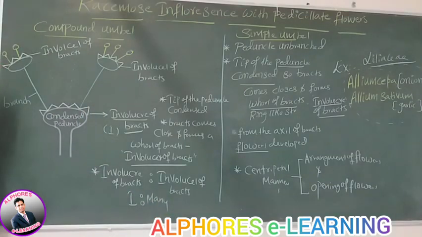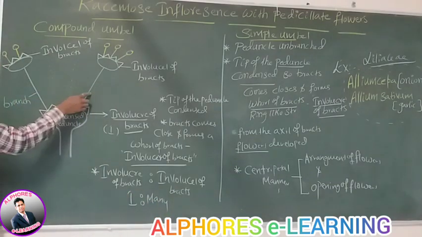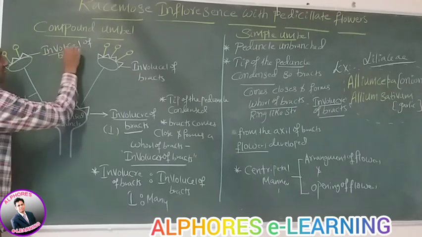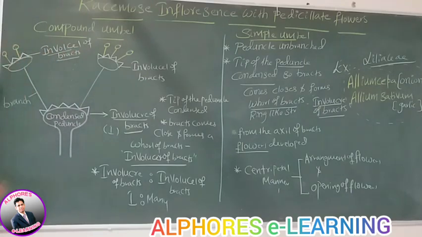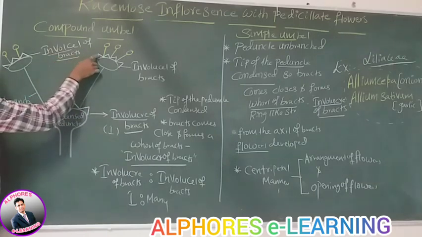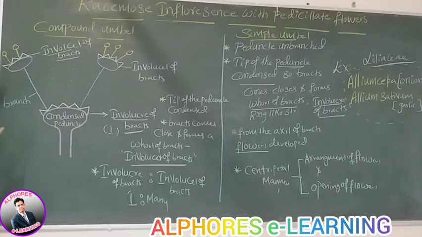Now see this diagram. In this diagram, I drew 2 branches. Each branch has 1 involucre of bracts. 2 branches means 2 involucres of bracts. If many branches are there, many involucres of bracts.